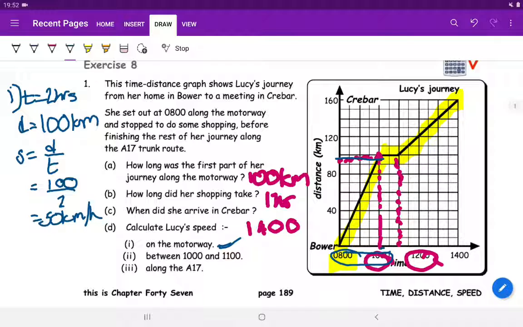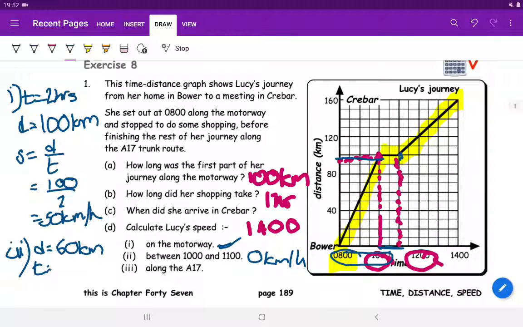Her speed between 10 and 11 was this part here of the journey when she was shopping, so it's 0 kilometres per hour. And then along the A17, so part 3, her distance, we've gone from 100 to 160, so her distance is 60 kilometres.